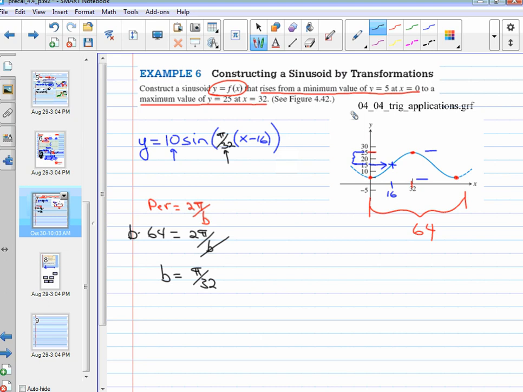Pi over 32. If I multiply this out, I could leave it right there. But if I multiplied it out, I'd get y equals 10 sine of pi over 32x minus pi over 2, because 16 over 32 reduces to 1/2. Pi over 2.